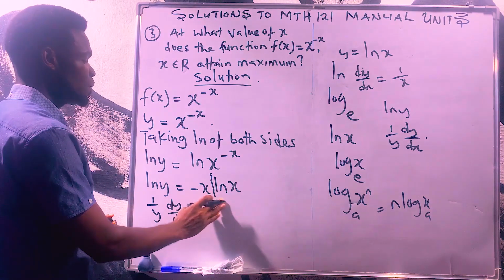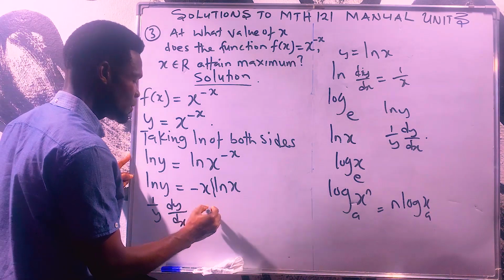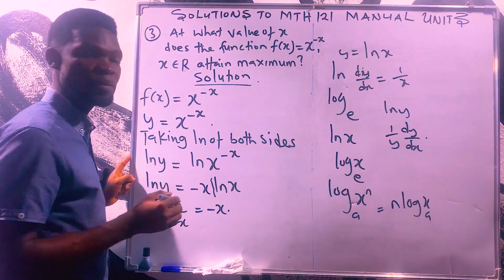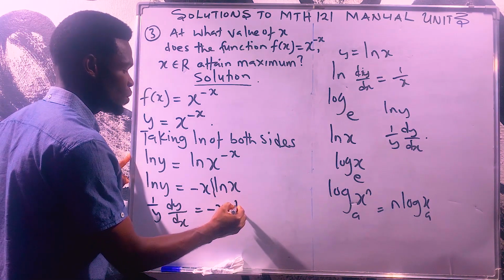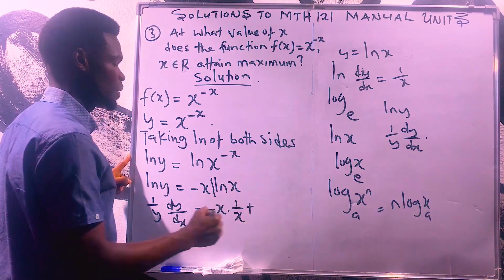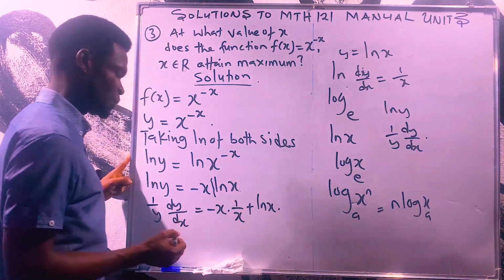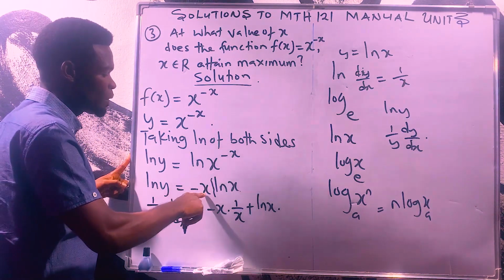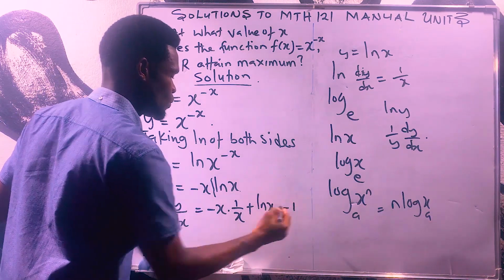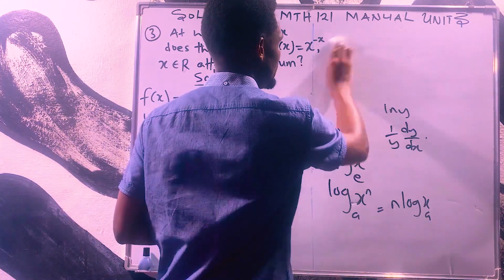A very simple way of differentiating a product function is keep the first, which is minus x, times differentiate the second. What's the derivative of ln x? 1 over x. Plus keep the second, which is ln x, times differentiate the first. What's the derivative of minus x? Minus 1. So that's how you differentiate the function there.